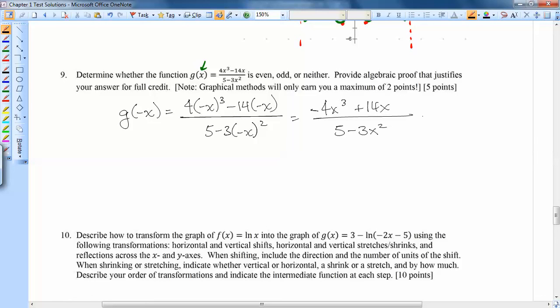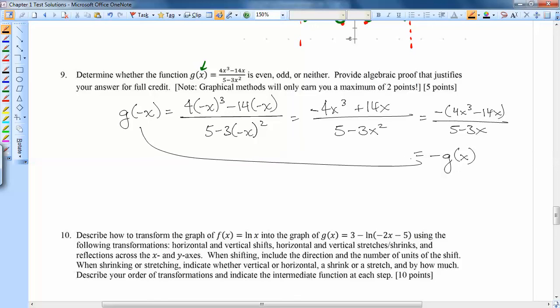So right now that doesn't look like anything, but if I factor out a negative from the top, I'm going to get this. And this is exactly the same thing as negative g of x. So since g of negative x equals negative g of x, that's an odd function.